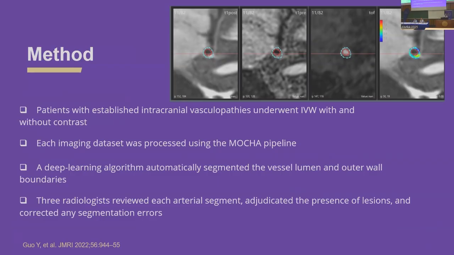It's a semi-automated process. There's a deep learning component that does the centerline tracing, after which we correct it, and then it does the wall segmentation as well. Similarly, it has that CE map that was discussed previously. Three radiologists reviewed the segmentation and then corrected it as was needed.